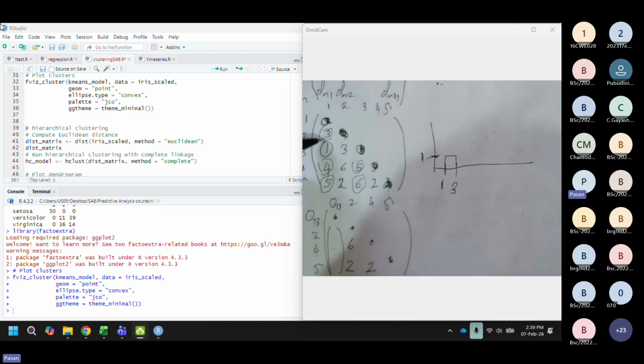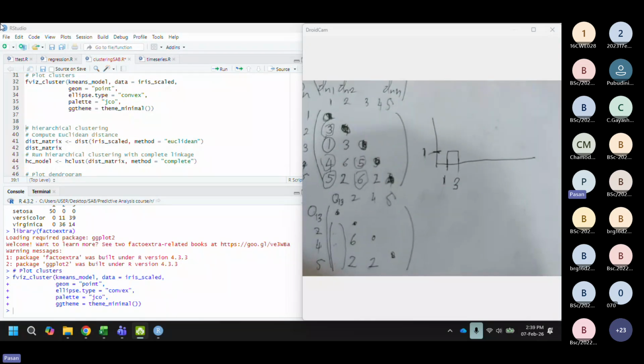So we have to check on these numbers and decide on which one I should put here. That's the calculation we can follow.